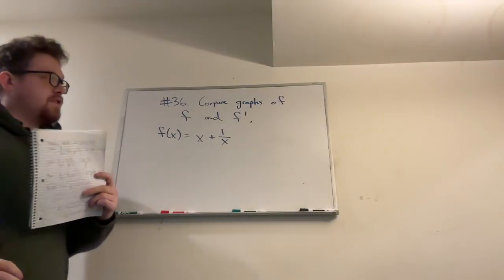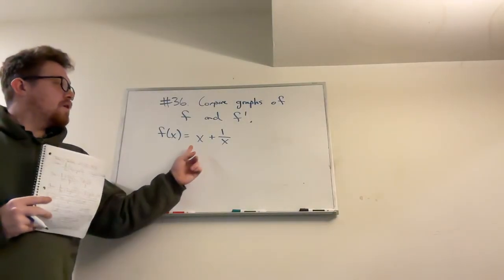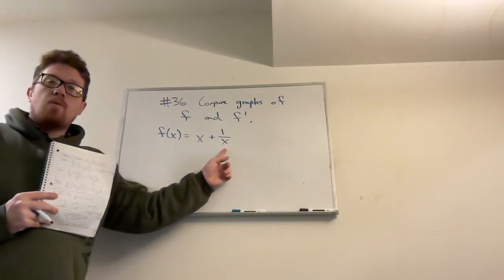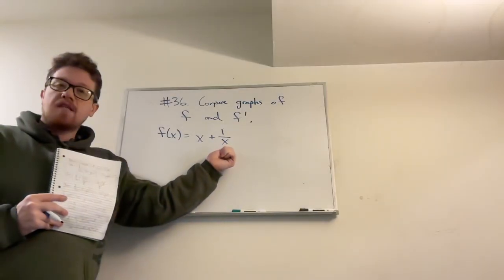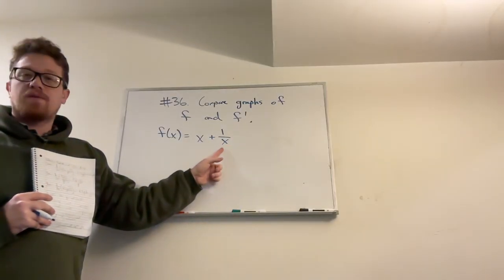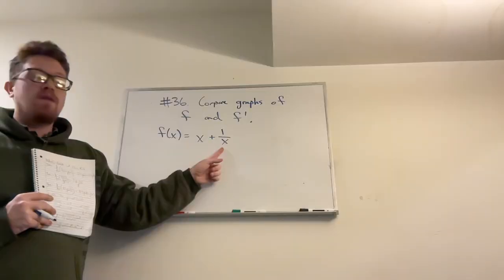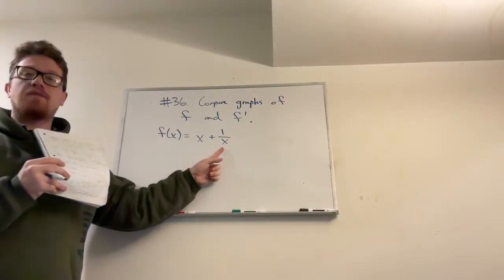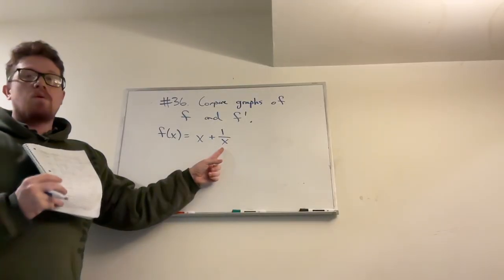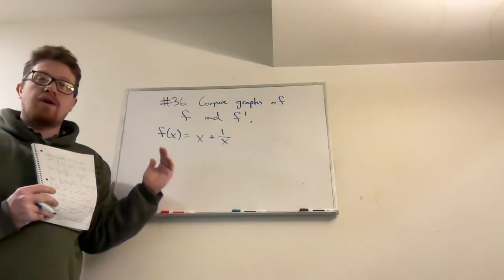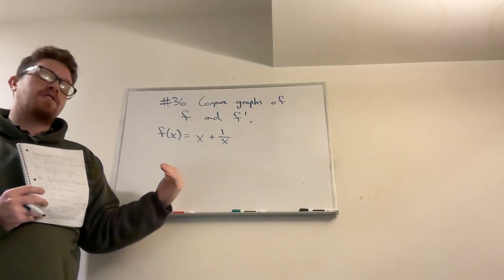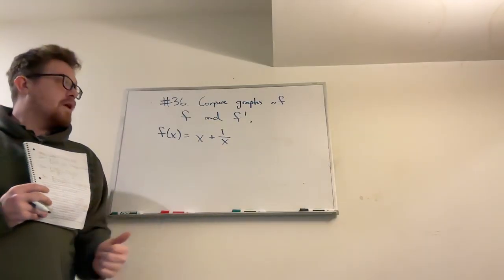So we didn't prove it for negative exponents, but 1 over x you can write as x to the negative 1, and you can show that the derivative still follows the power rule. We technically only proved the power rule for integer values of n, and only if the integer is non-negative.